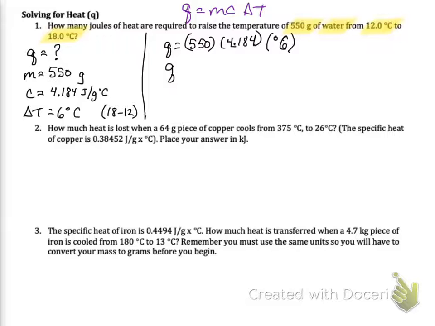Just multiply across: 550 times 4.184 times 6. And I get a final answer of 13,807.2. Do not forget to include the unit. This unit, because it's energy, is joules. So this is my final answer.